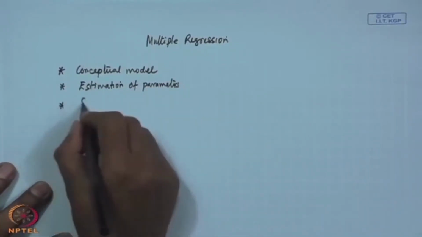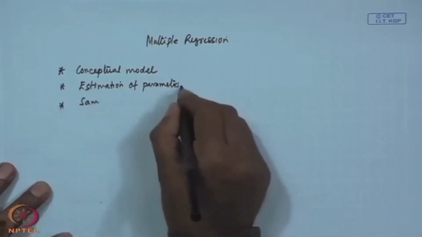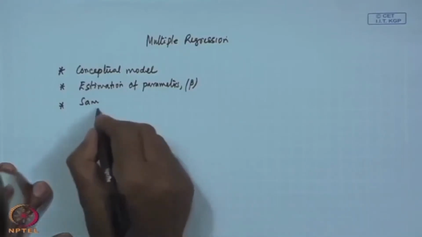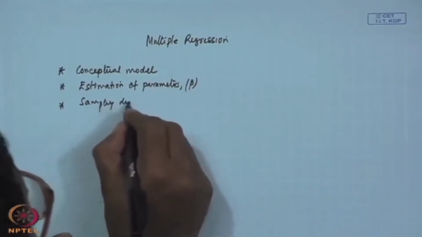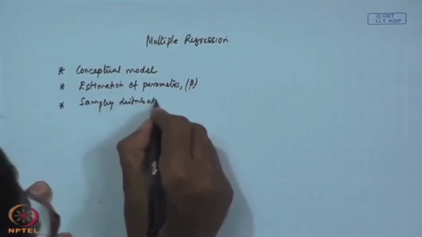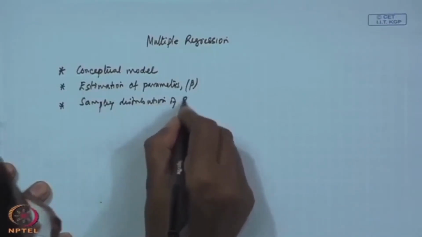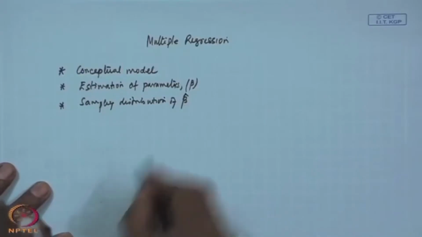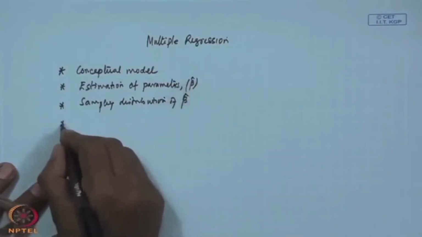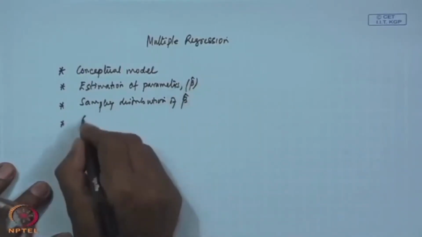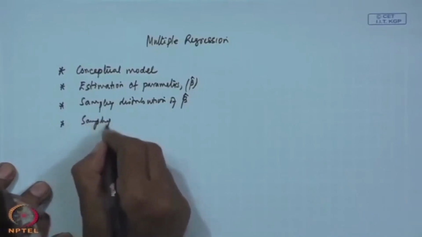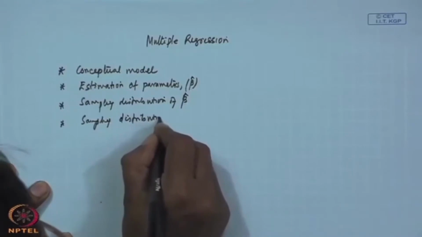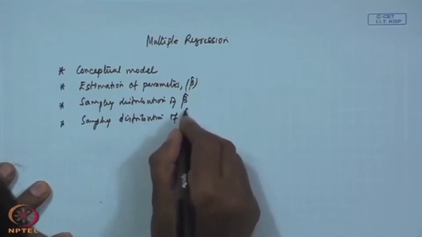Then we will go for sampling estimation of parameters in terms of beta vector. Then sampling distribution of beta estimated. Then we will go for sampling distribution of error estimated.